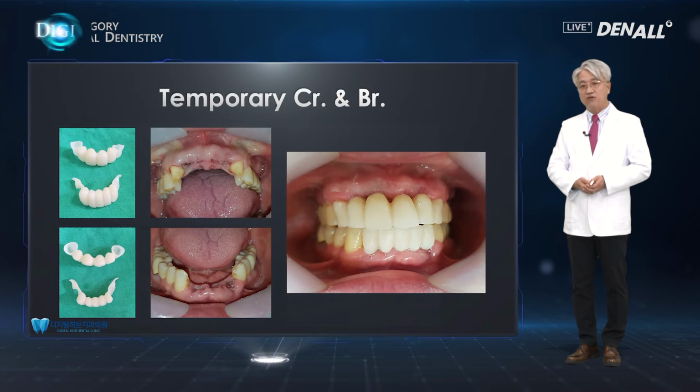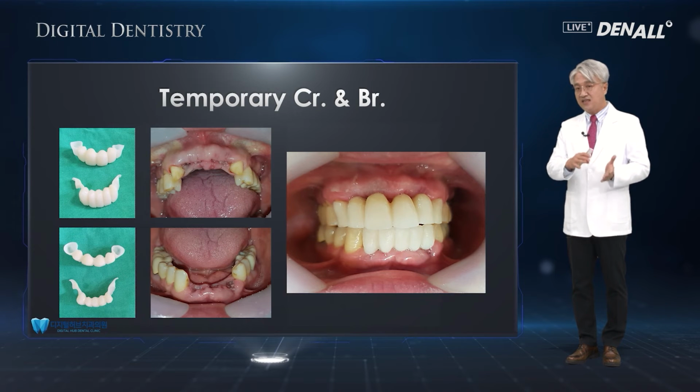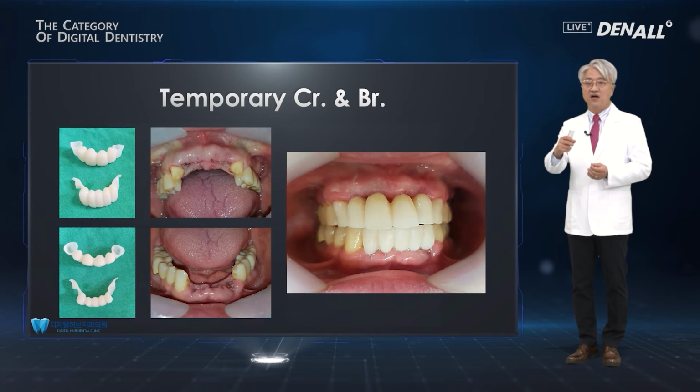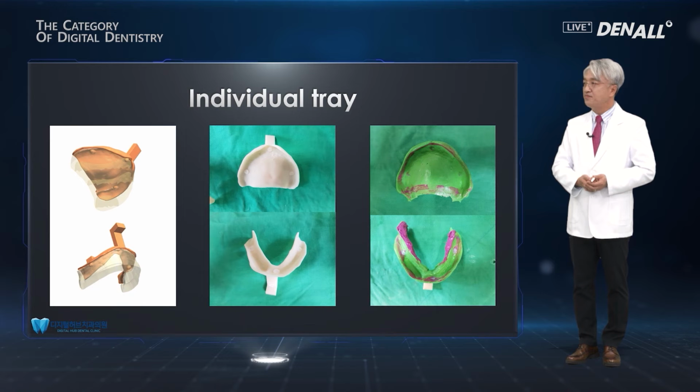For a long bridge, if you create it beforehand, it can reduce chair time for the patient. And with CAD/CAM, the healing mechanism and gum shape can be considered in your design. Compared to making it by hand, or where your staff does it, temporary with this is higher quality.